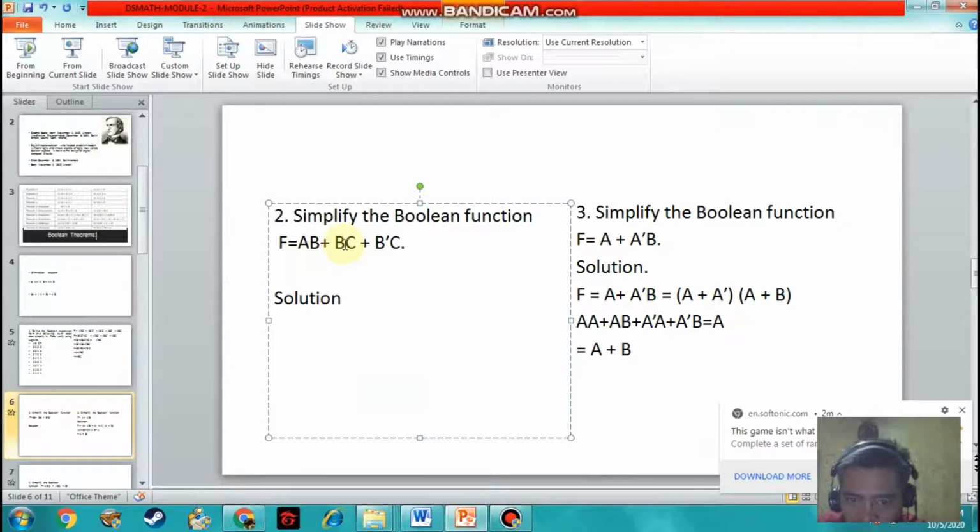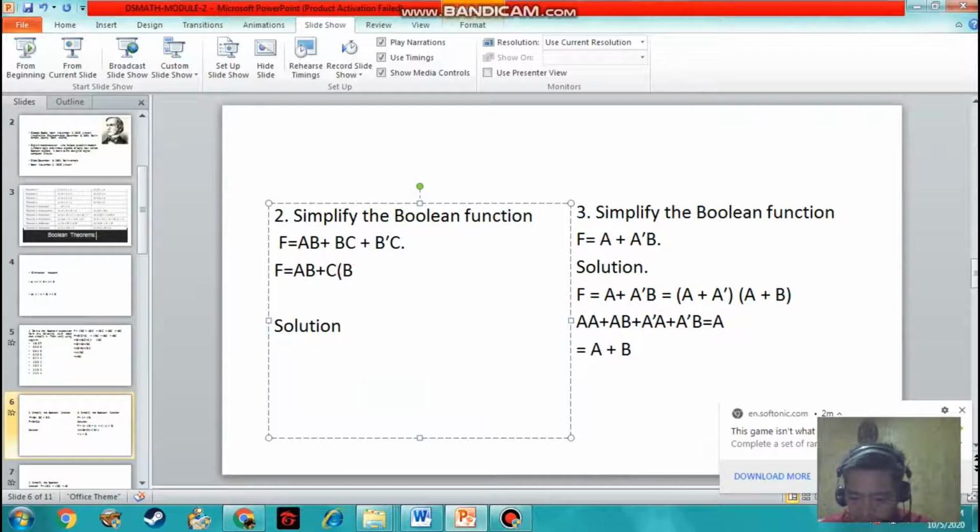Wala na magagalaw yun. Hindi na ma-reduce. Kung dito naman tayo mag-move, may common factor, C, yan. So, retain muna natin si AB. F is equal to AB plus common factor ng dalawa, which is C.